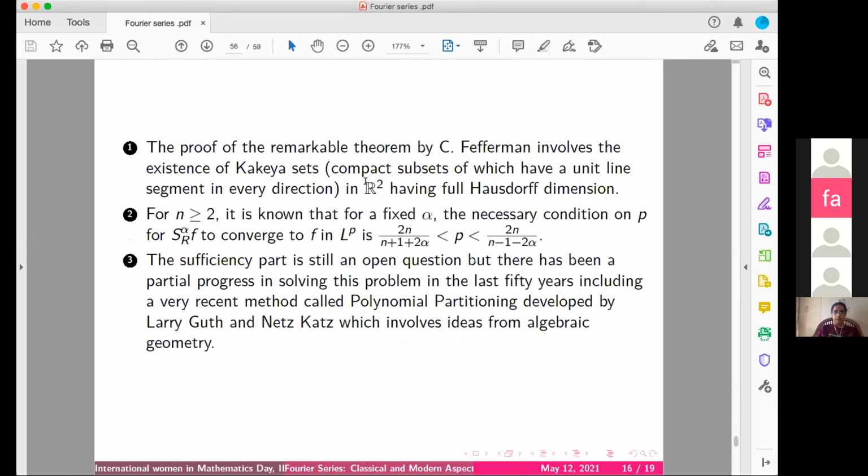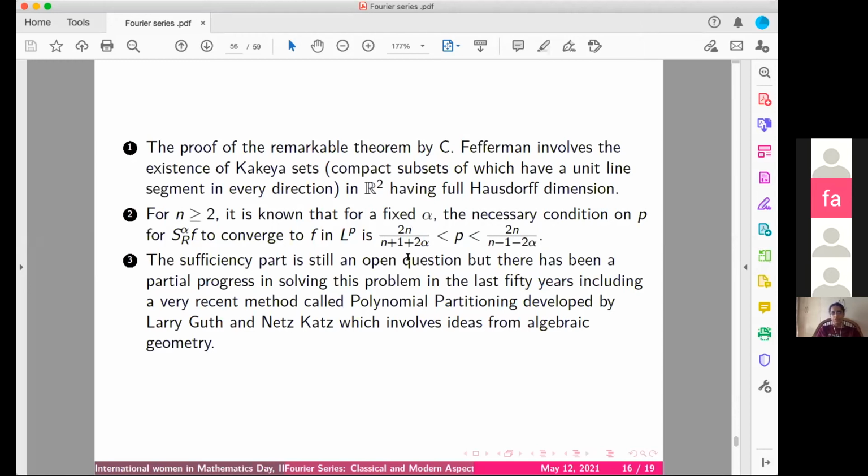For n bigger than or equal to 2, it is known that for a fixed alpha, the necessary condition on p for SR alpha f to converge to f in L^p is this. That is, p has to be restricted to this range. One can prove this without much difficulty.